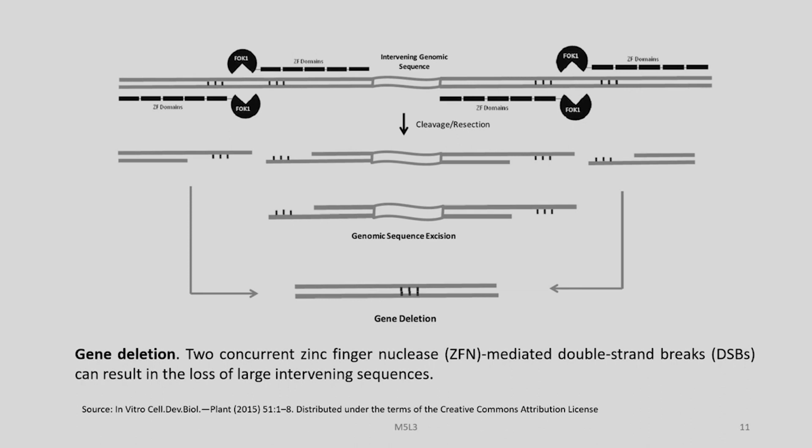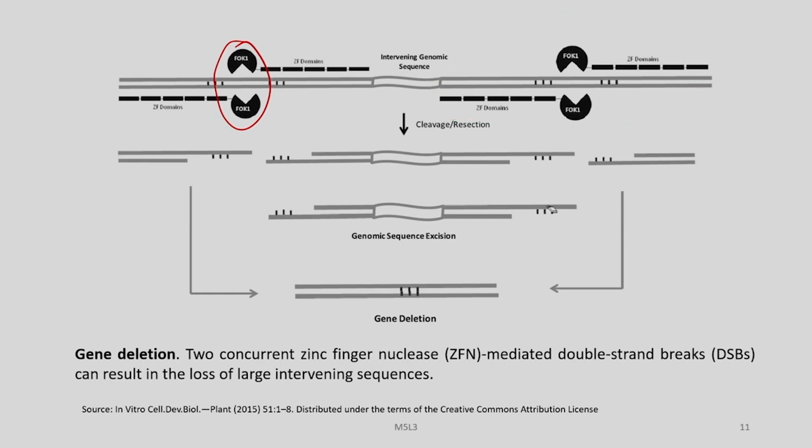You can see here there are two pairs of engineered ZFN. One pair is here and they bind in a location where they have a common target and where the FokI nuclease domains will dimerize and cleave, and then the second pair of the engineered ZFNs bind in another site which is farther away from the previous site, and there also the dimerization of the nuclease takes place and cleavage follows.